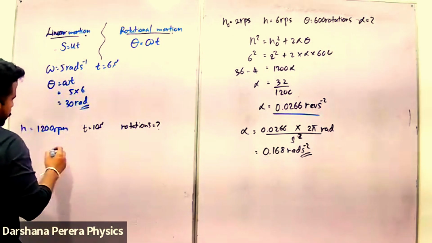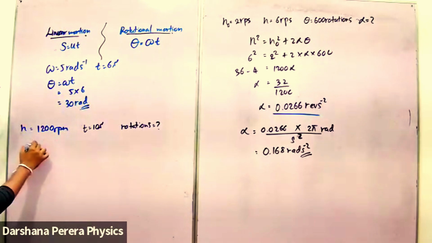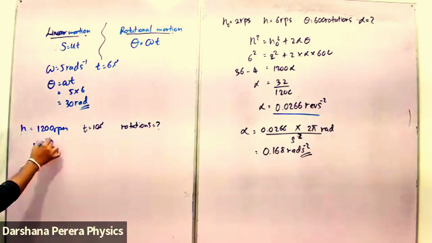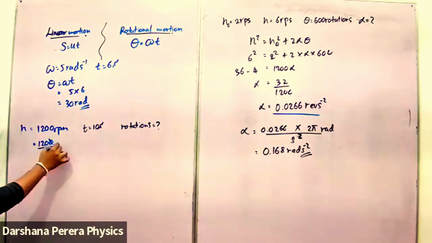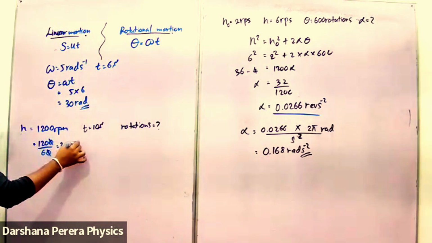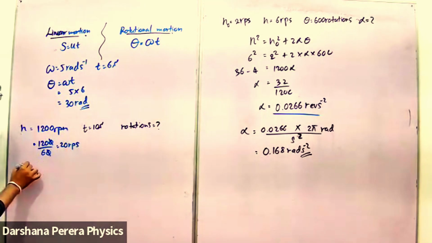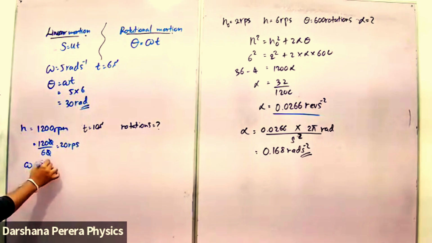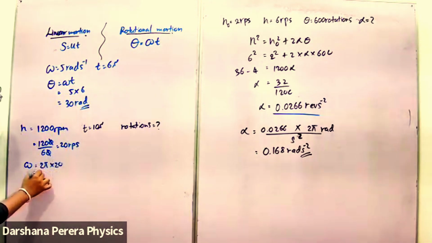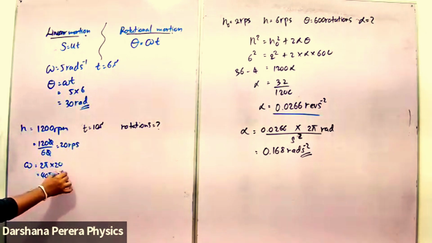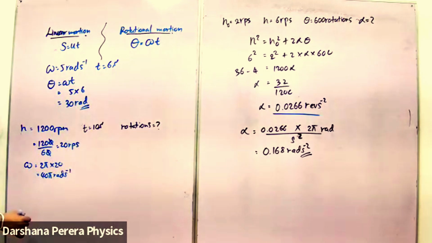We have to get the RPS value. To that, we have to divide by 60, 20 rps. Therefore, we have to take the omega value 2 pi n, n is 20, that means 40 pi rad s minus 1.